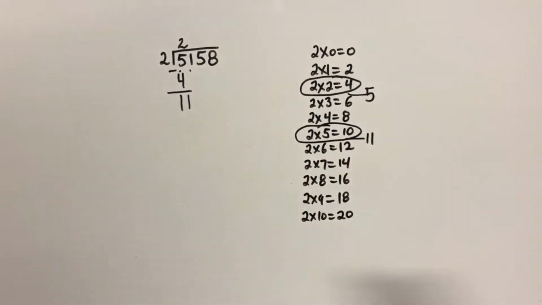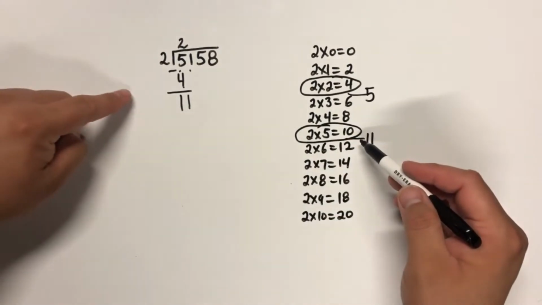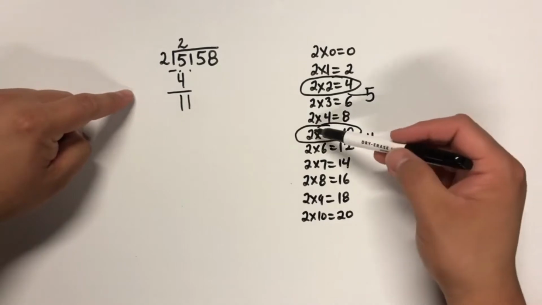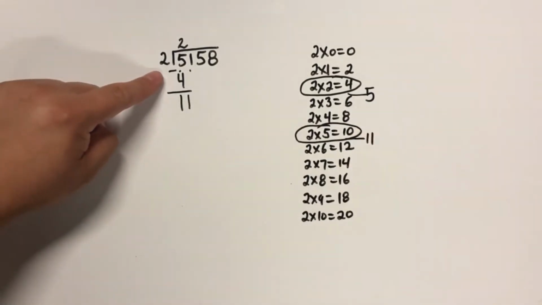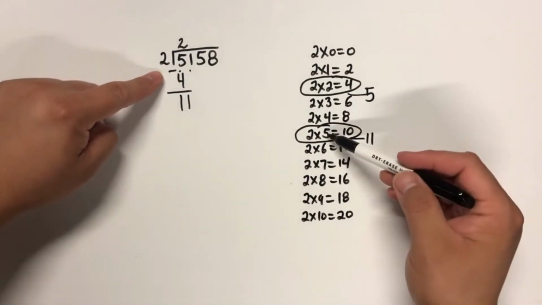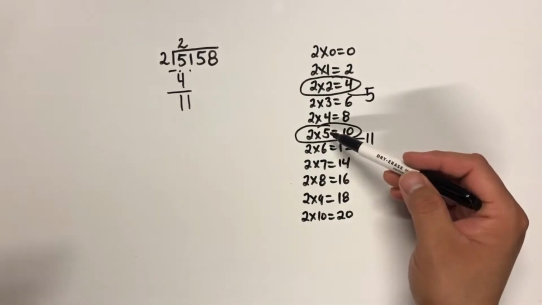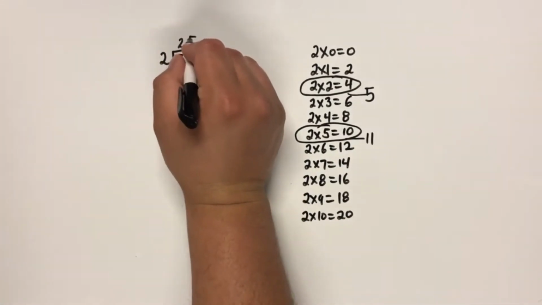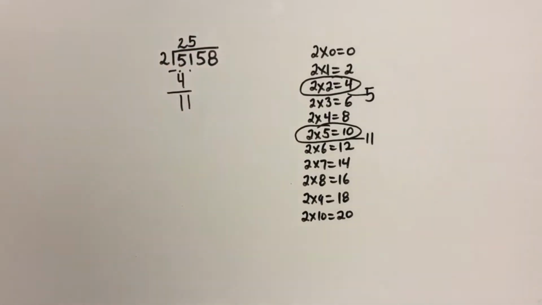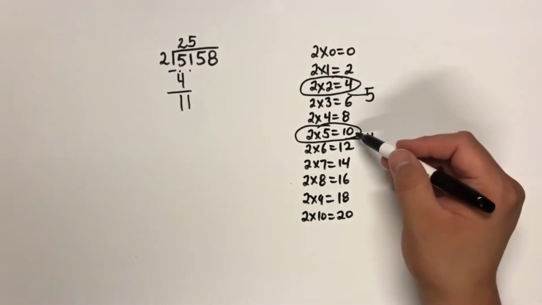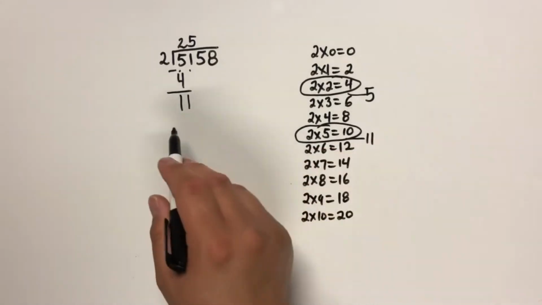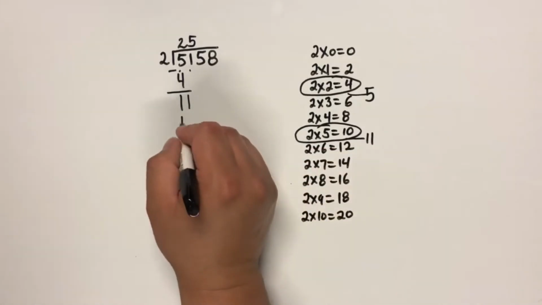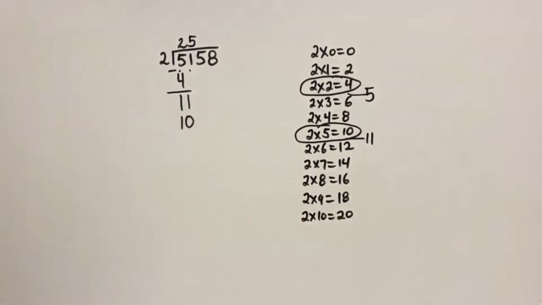Okay. And I'm going to use those numbers over here. The number 2 right here is this number 2 right here. This number 5 is going to go on top of the number 1, like so. And this number 10 right here is going to go underneath the number 11, like so.